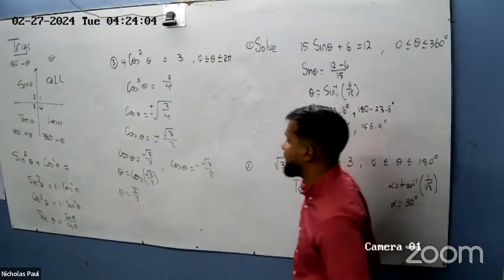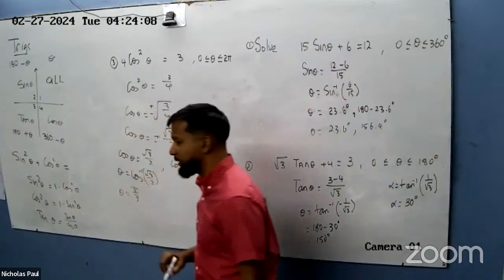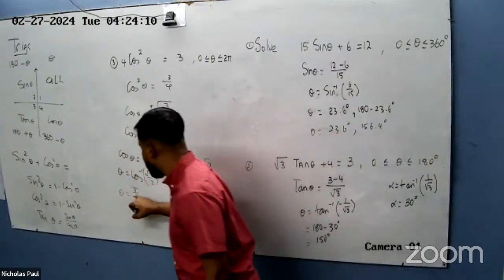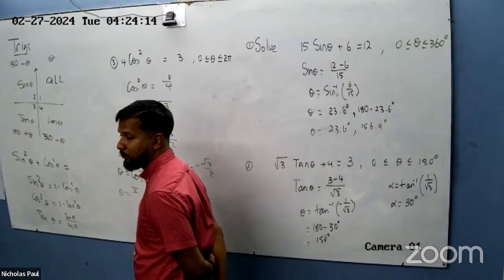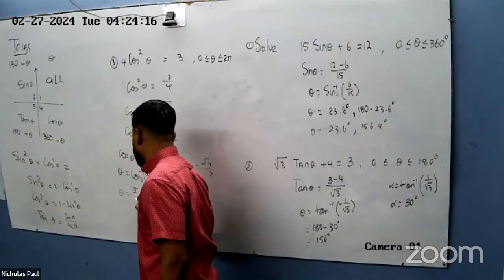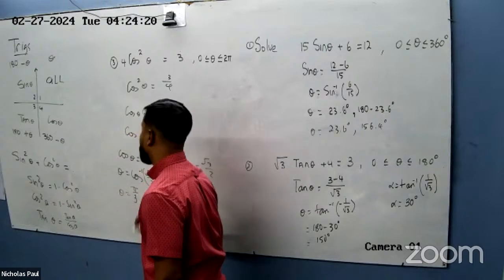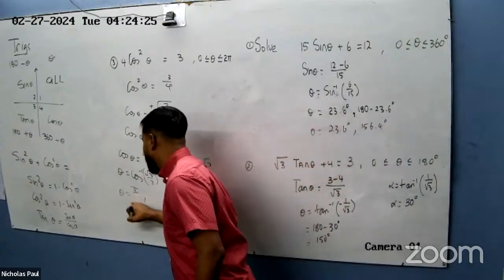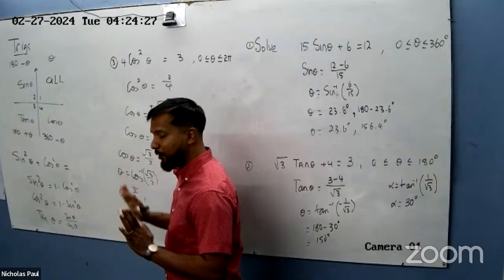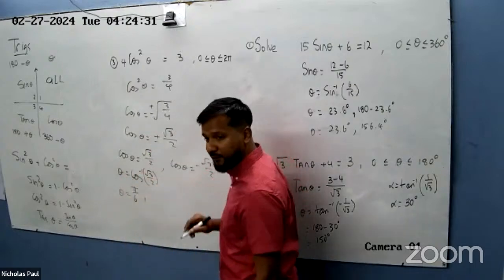Cos inverse 5 over 6. Okay, sorry. Oh yes, that's true. Pi on 3, sorry. Pi on 6. I meant 30, sorry. So when you find cos inverse root 3 on 2, it's pi on 6.